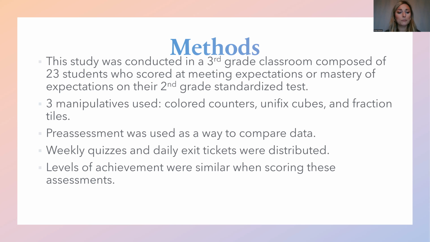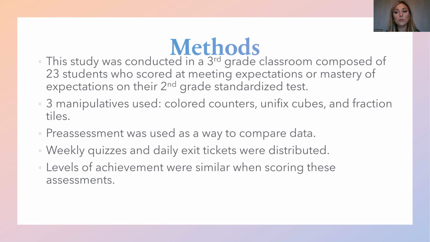However, the weekly quiz was composed of 5 word problems. So the scoring rubric on that one was a bit different. It was a little less high risk. If students got a 5 out of 5, they reached mastery. If students got 3 or 4 out of 5, they met expectations. If students got a 2 out of 5, they were approaching expectations.